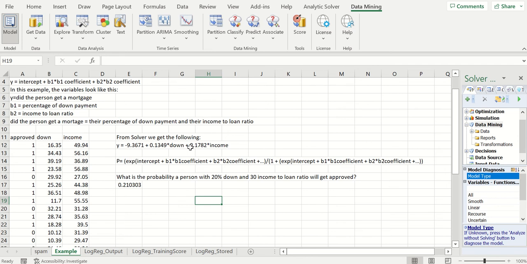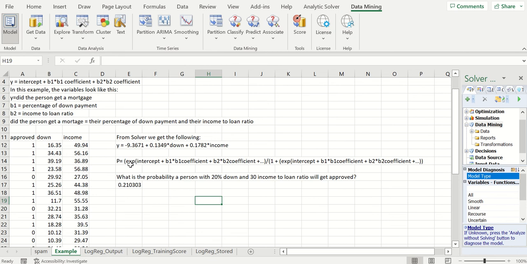However, since this is logistic regression, and the reason we call it logistic regression is because it's based on a log system, if we want to calculate the probability of someone getting a loan, then we have to use this equation, where the probability is the intercept with an exponent. Again, logistic.